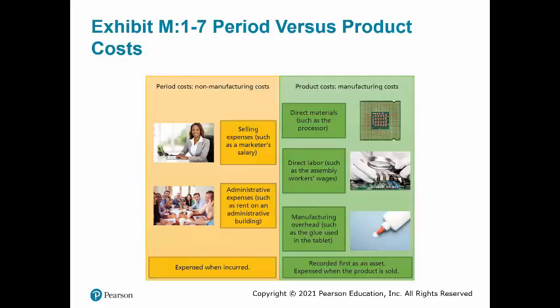So this slide illustrates the product costs that we talked about previously for Smart Touch Learning. That would include those direct materials, direct labor, and manufacturing overhead. These would be inventoried, or recorded first as an asset, and wouldn't be expensed until the product is sold. But other period costs, those non-manufacturing costs like your selling expenses and your administrative expenses, are going to be expensed when they are incurred.